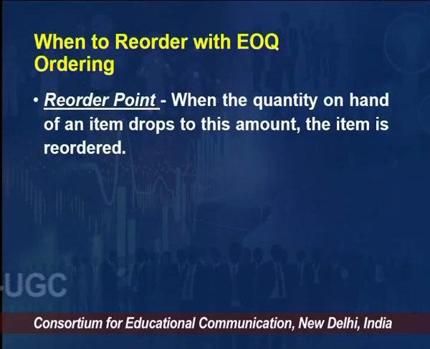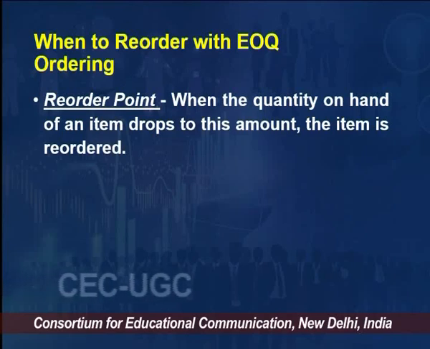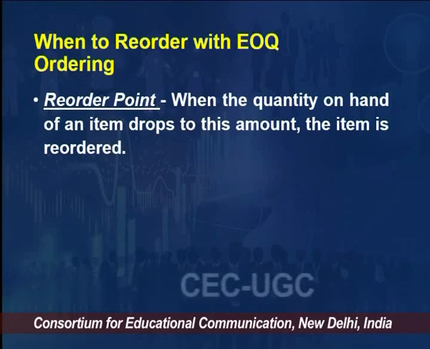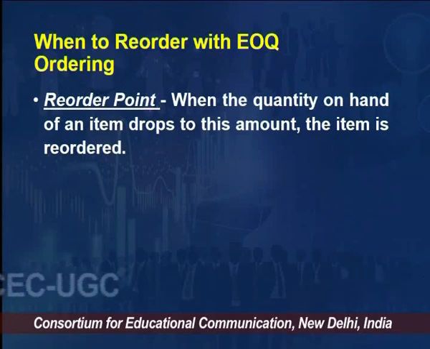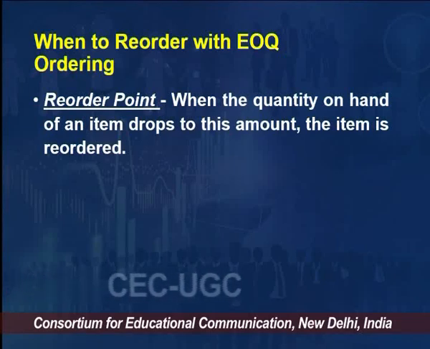So first of all, let us start with the basics, that is when to reorder with EOQ ordering. What is a reorder point? We say when the quantity on hand of an item drops to this amount, the item is reordered.